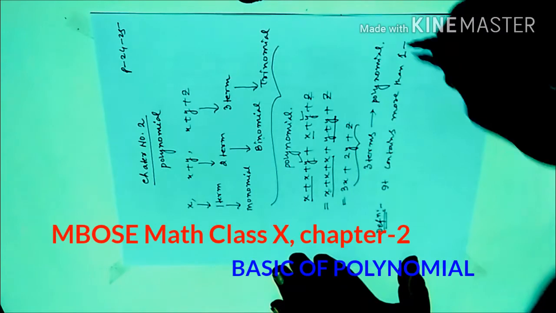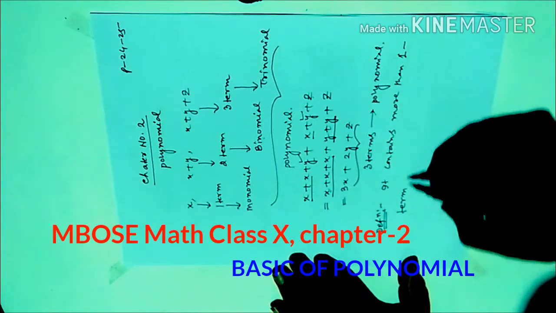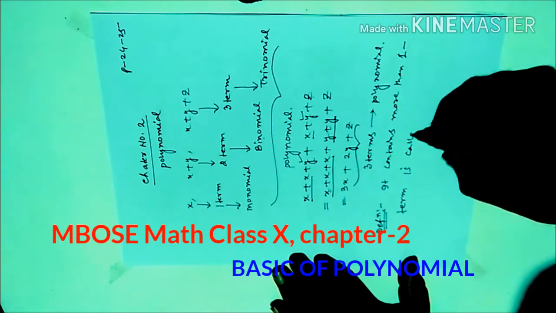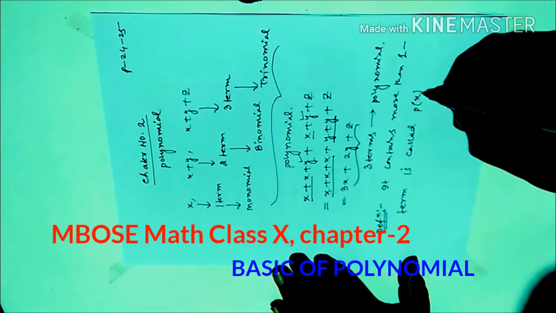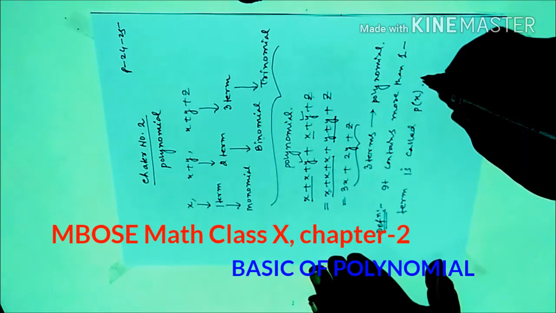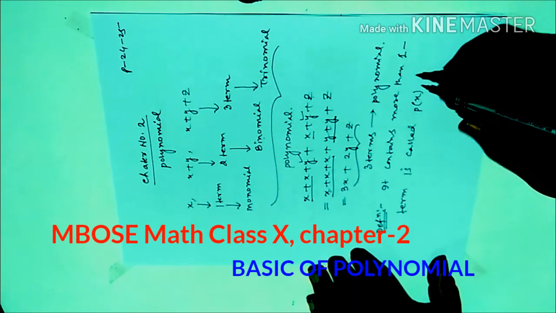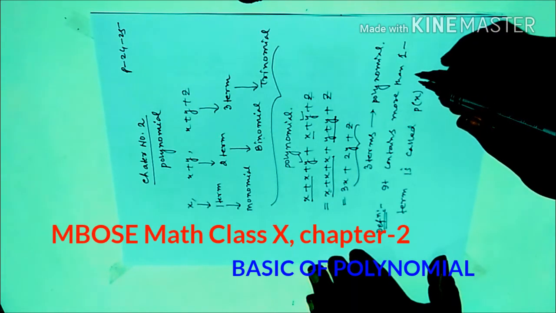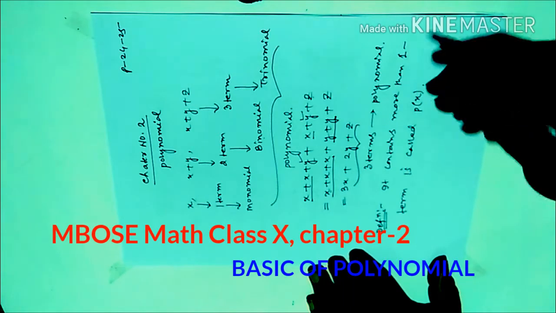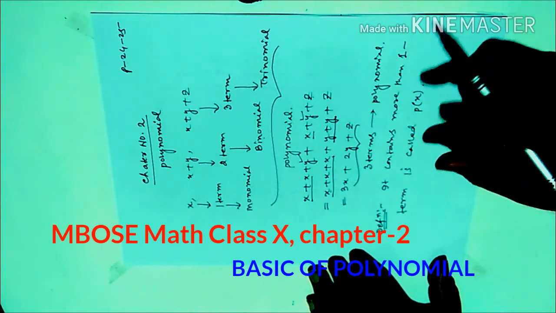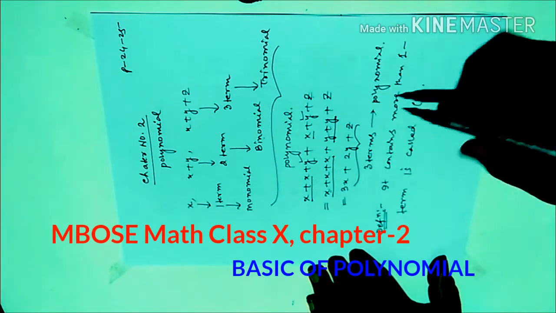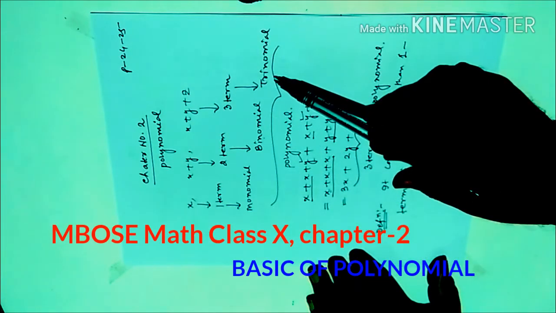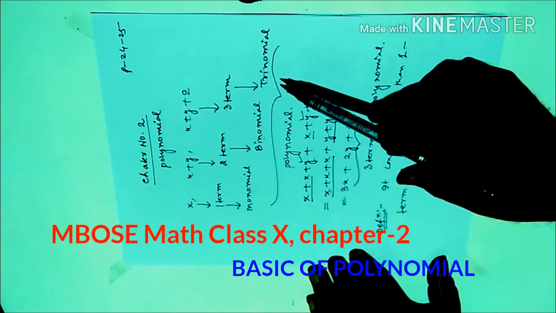More than one term is called a polynomial. Polynomial short form is px. Right now I am not going into details about algebraic expression, because you know from class 5, 6, 7, 8, 9 what an algebraic expression is: the terms which are monomial, binomial and trinomial are also called algebraic expression.